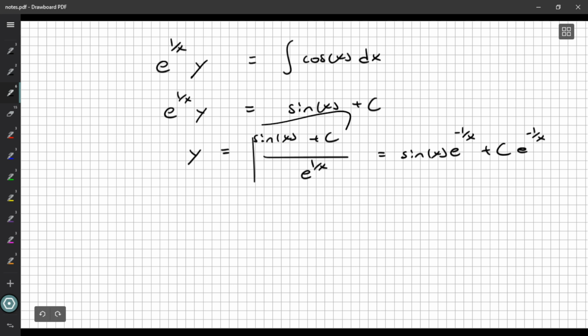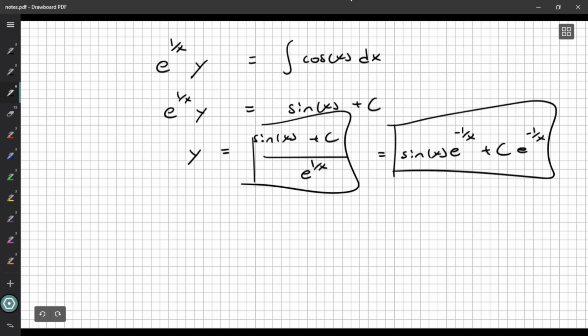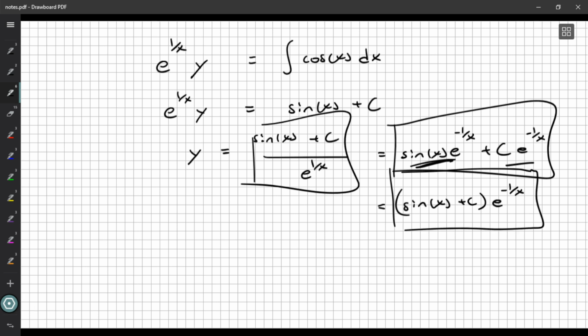So we could leave it like that, or I suppose we could even do sine x plus c, and then e to the minus 1 over x, in case we don't want denominators, but we don't want too many symbols. Okay? So whichever one we want to use is fine. We're not actually here for the general solution. We do need it, because one of the solutions we want is part of this general solution expression. We need to find the right value of c.